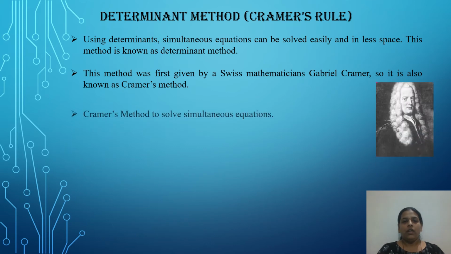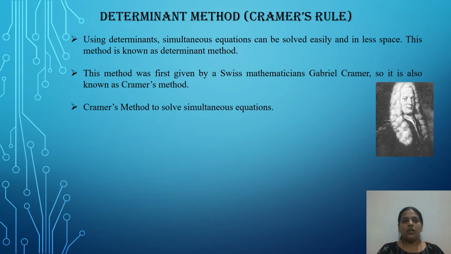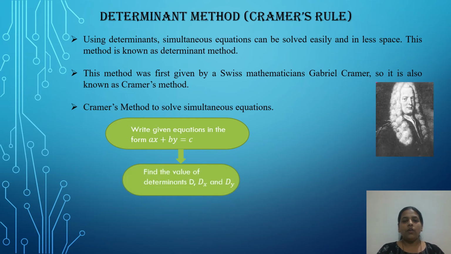Cramer's method is used to solve simultaneous equations by using the following steps. The first step is to write the given equations in the form ax plus by is equal to c. The second step is to calculate the values of the determinants D, Dx and Dy. When we calculate the value of D, the column of the constants is omitted.